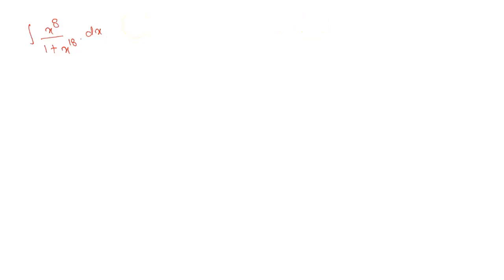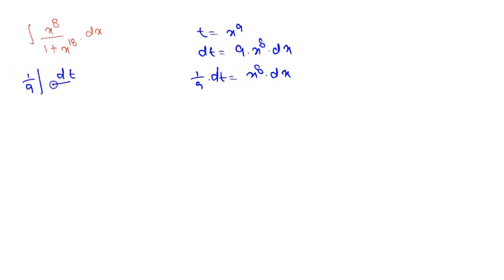So here I am taking t is equal to x to the power 9. Differentiating with respect to x, I get the formula n into x power n minus 1. So 1 by 9 into dt is equal to x to the power 8 dx. So here, 1 by 9 integral dt by 1 plus (x to the power 9) whole square.